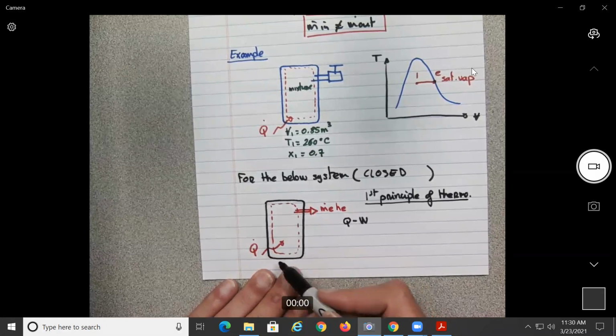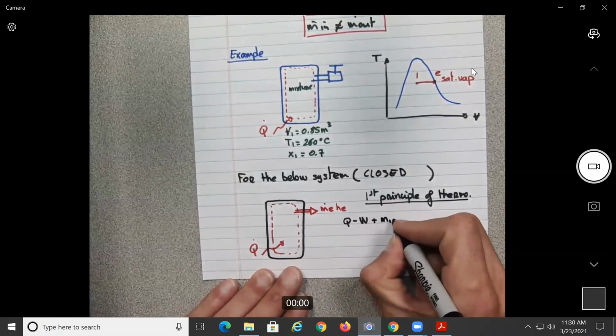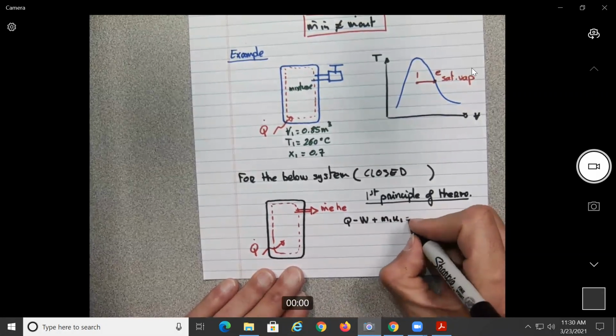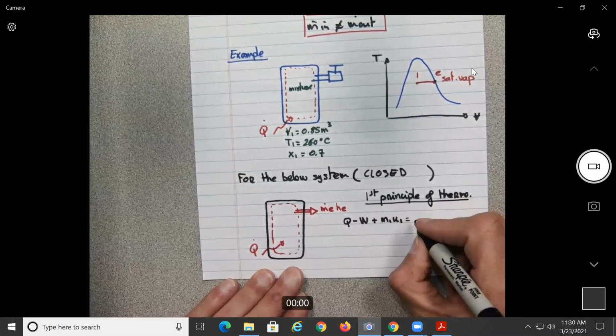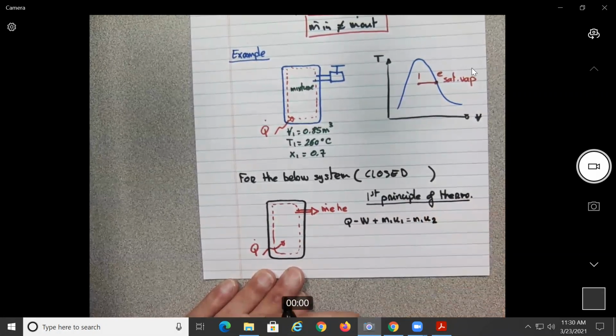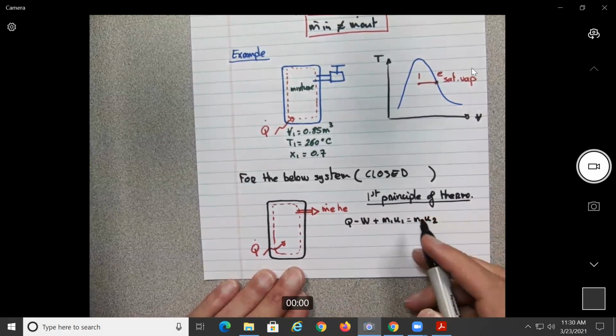Plus whatever energy you have on the system, plus M1 U1. This is a closed system. And now what's going to happen? You're going to have M2 U sub 2, because the mass is different here.